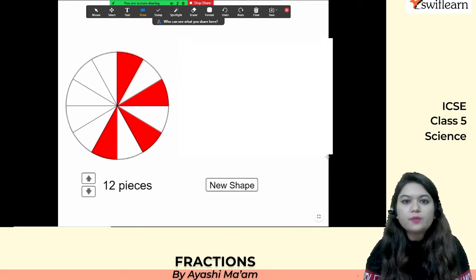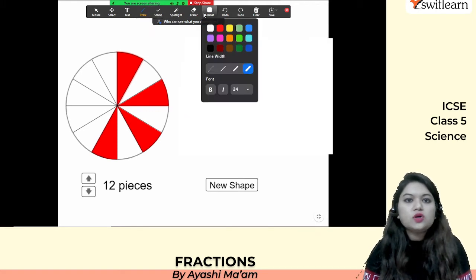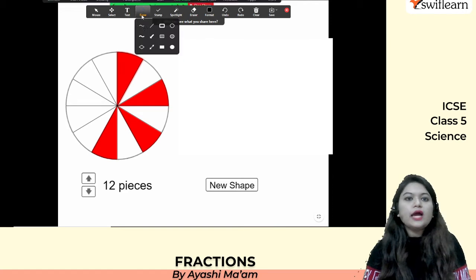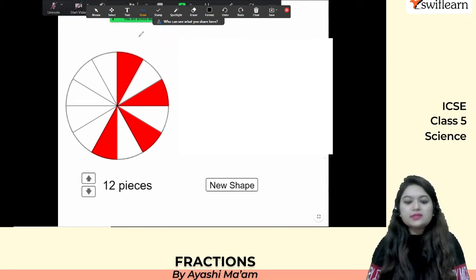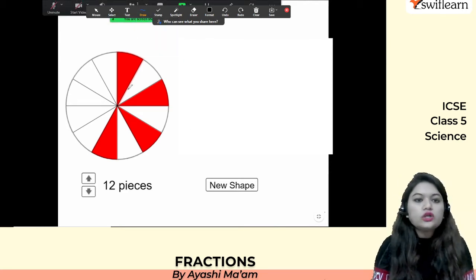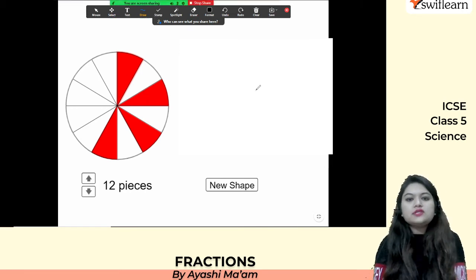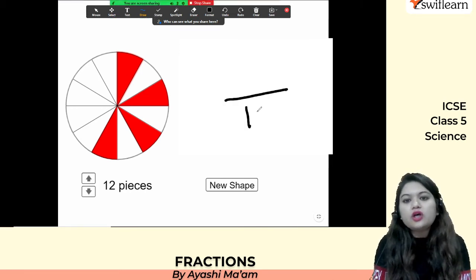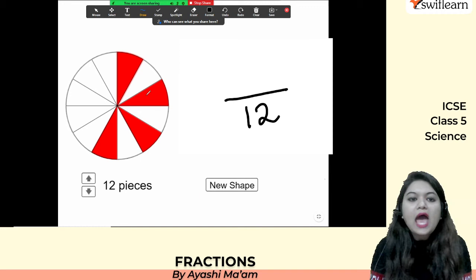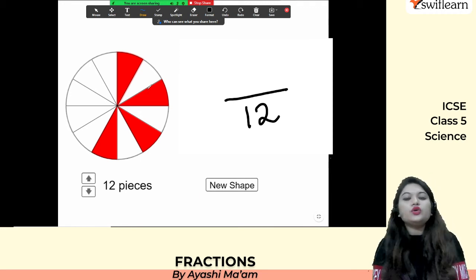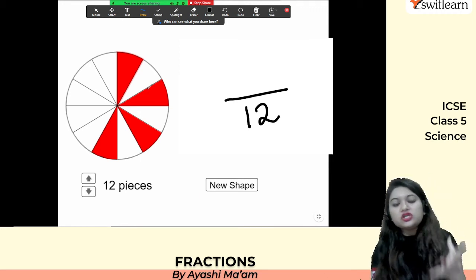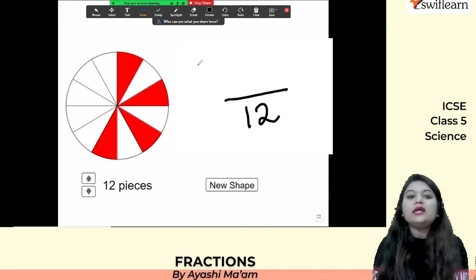You try to answer my question. I'm asking you, what is the fraction represented by this diagram? As you can see, the total number of pieces, if you count in this circle, you will get 12, right? So below the horizontal line, you will write 12. And if I ask you what fraction of this diagram is red in color, right?